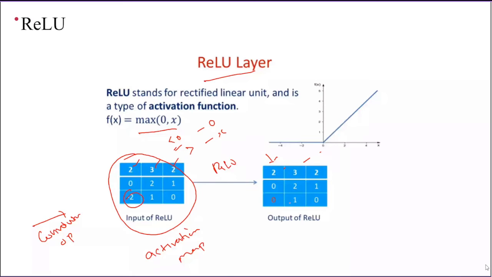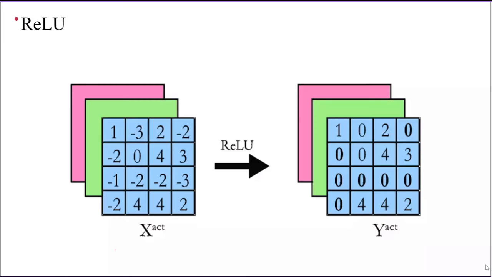In general, you will have an n-channel activation map, and applying ReLU, the negative values are turned to 0 whereas the positive values are retained as they are. This is applied to all the channels of this activation map.